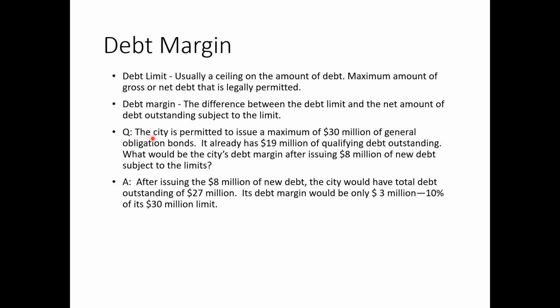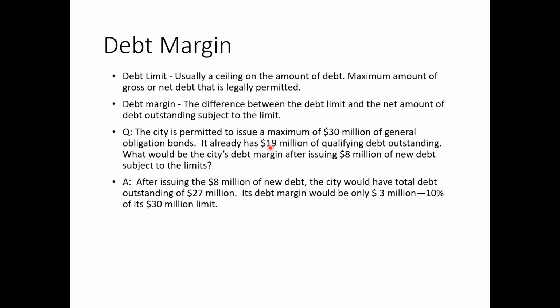For example, the city is permitted to issue a maximum of 30 million of general obligation bonds. It already issued 19 million of qualifying debt outstanding. So what would be the city's margin after issuing 8 million of new debt subject to the limit?